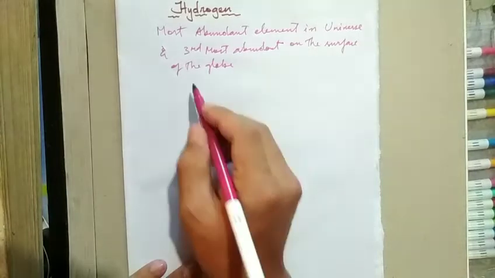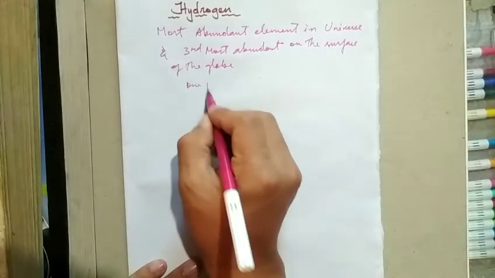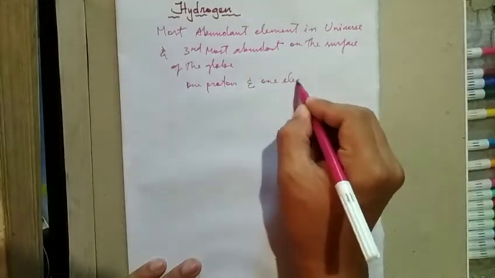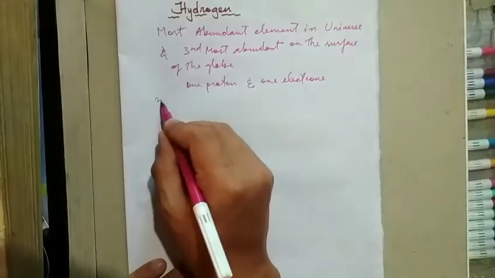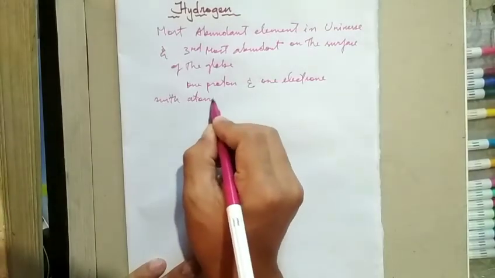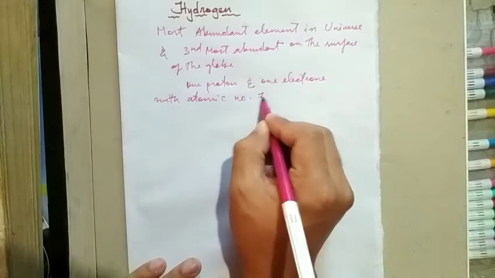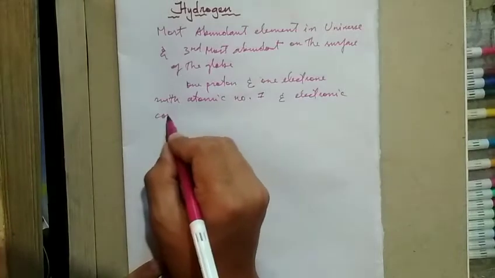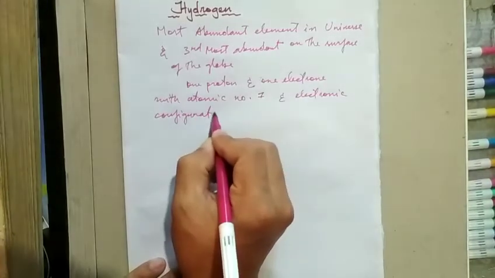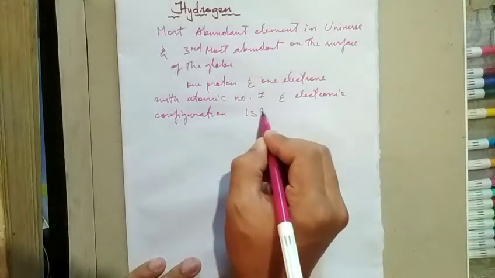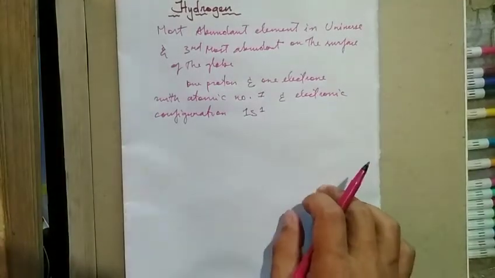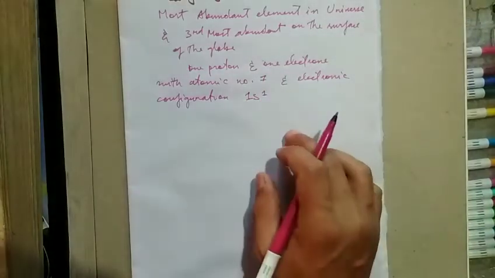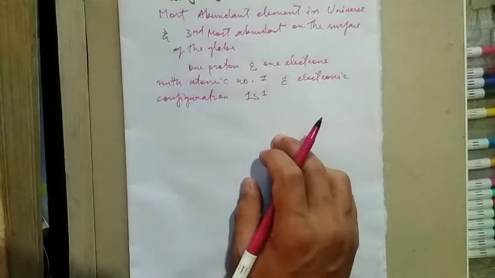Hydrogen has one proton and one electron, with atomic number 1 and electronic configuration 1s1. Hydrogen, we all know, is a gas, a very light gas, lighter than air.